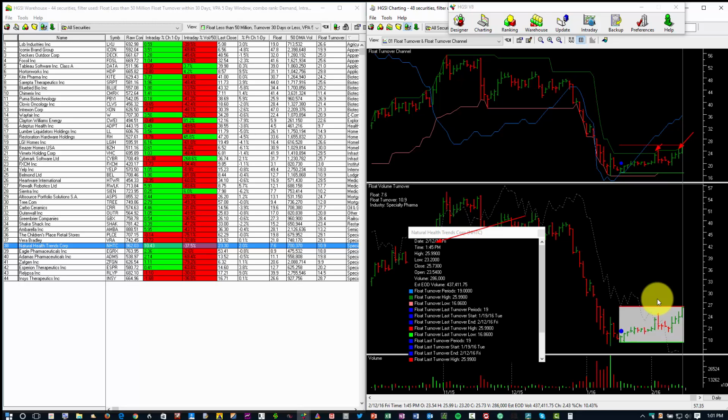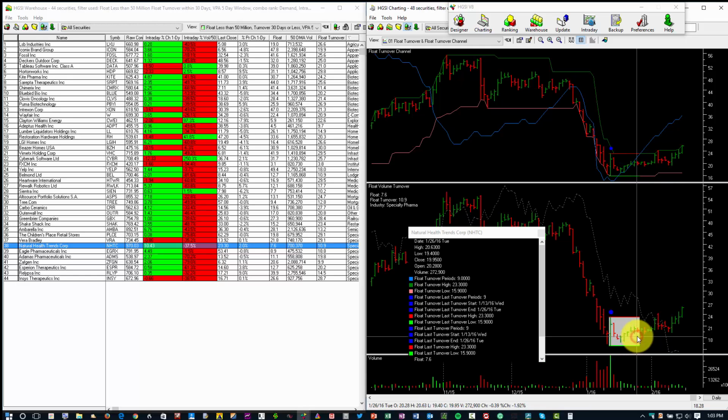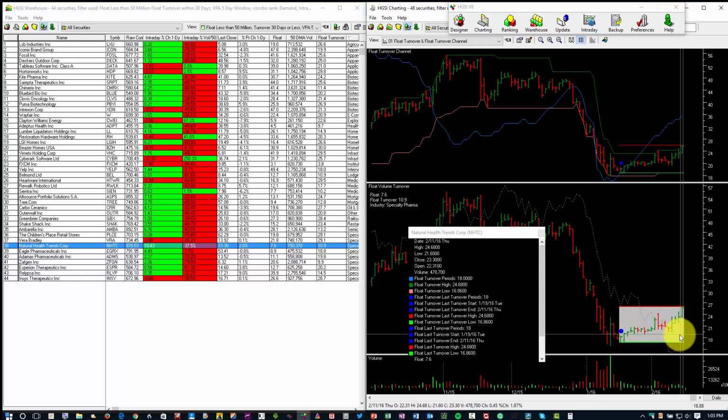But this will not be valid today until the day finishes because we don't know what the volume's going to be. You can see how small the volume bar is down here, but the point is it broke past yesterday's high, and it is moving up now.